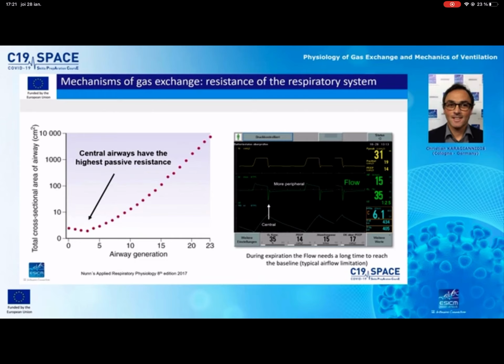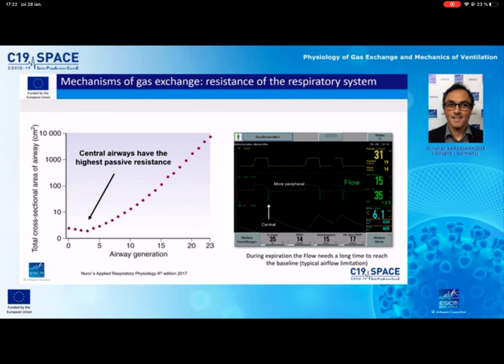On the right-hand side, you have a typical flow curve of a patient on mechanical ventilation. In this case, it is not COVID-19. It is a patient with severe COPD. If you look at the green curve, this is the inspiration, and here the expiration starts, and usually the curve should look like this.